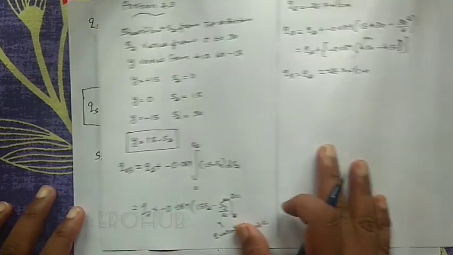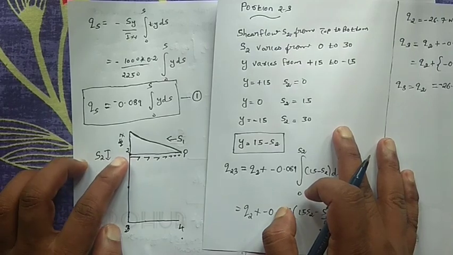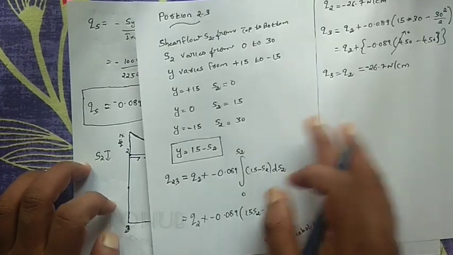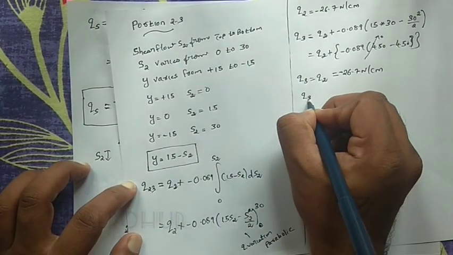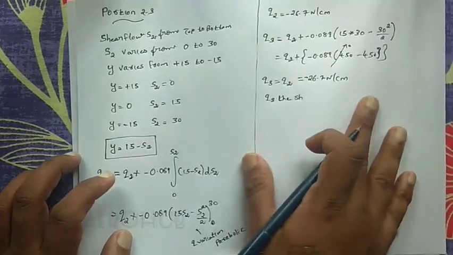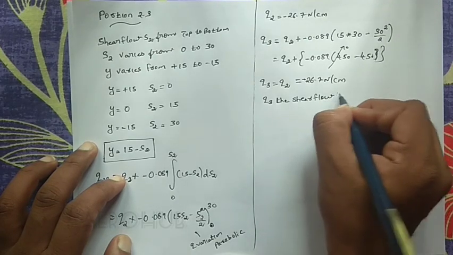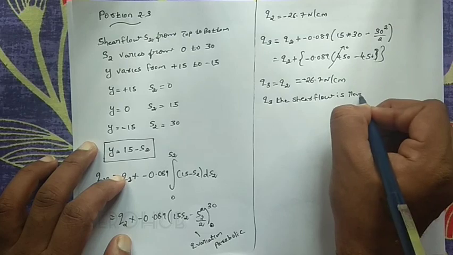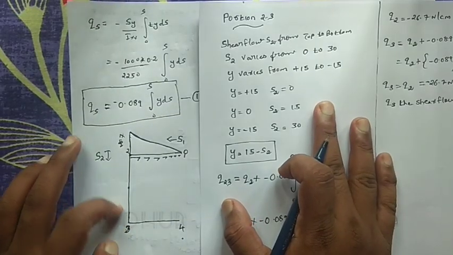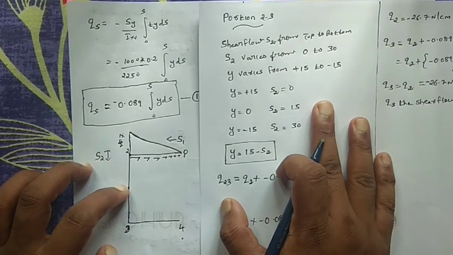Okay, now you have to understand that we introduced the shear flow from top to bottom. So at Q3 the flow is reversed. The shear flow is reversed. So the original shear flow will be from bottom to top, and we have to also find the shear flow distribution at the center.